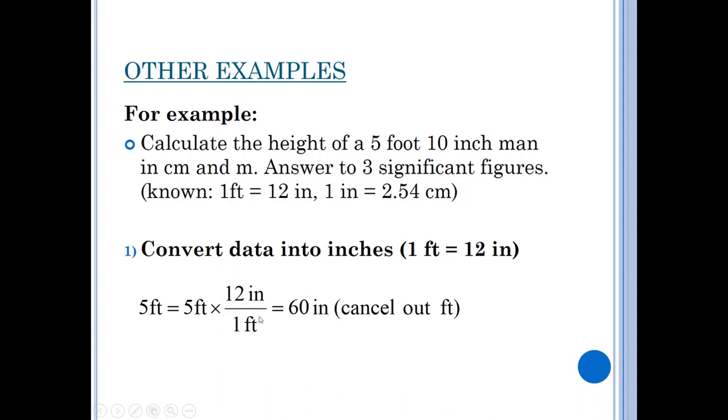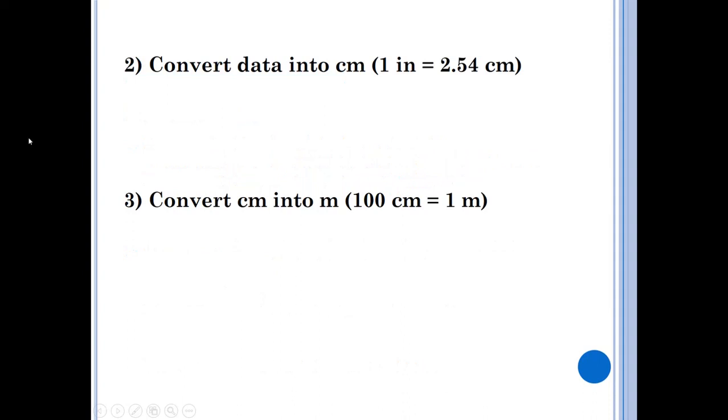Because you want to cancel the feet unit, you need to put the feet unit below this line. So you cancel this unit, then you get 60 inch. So 5 feet 10 inch is 60 inch plus 10 inch, you get 70 inch.